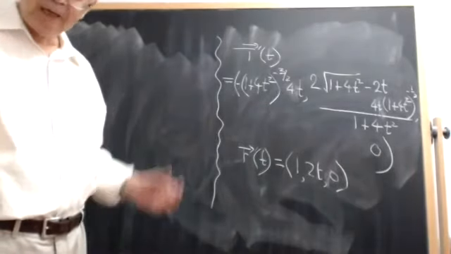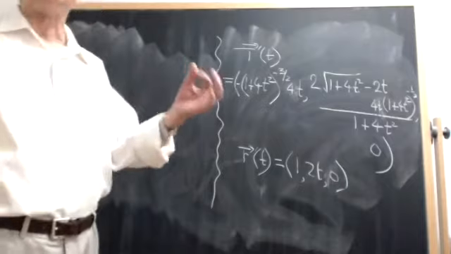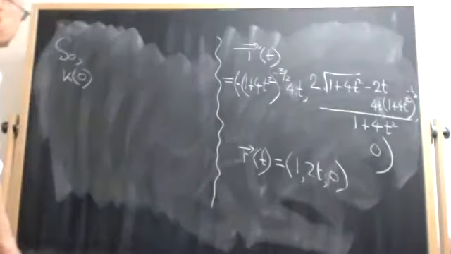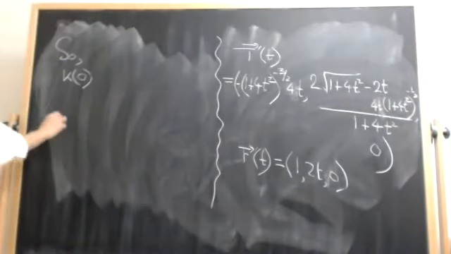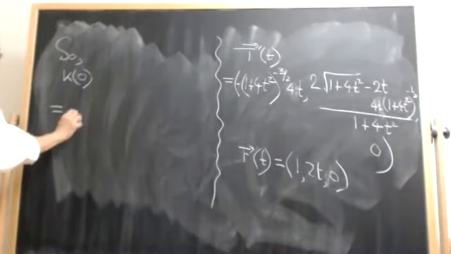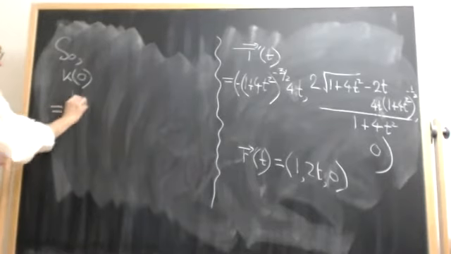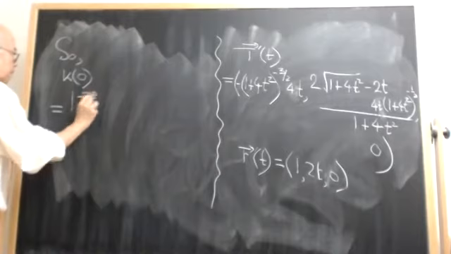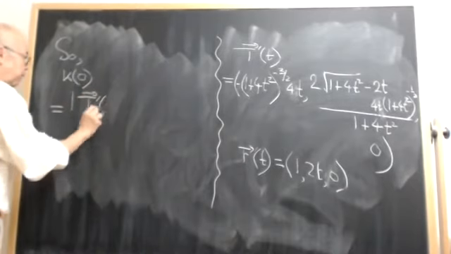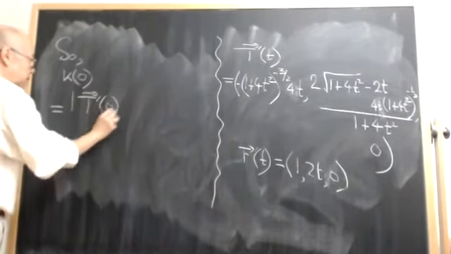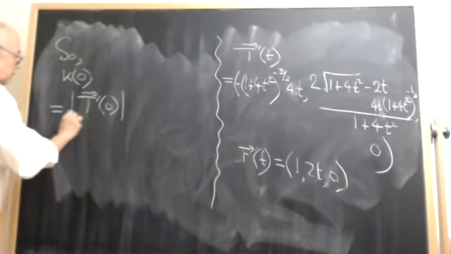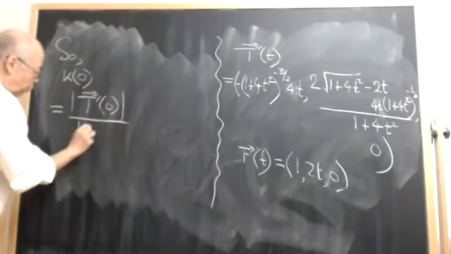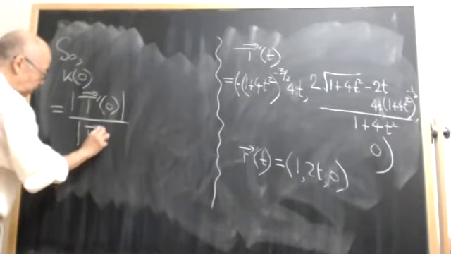And the origin corresponds to t equal to 0. So kappa of 0 is the norm of T prime 0 over r prime 0.